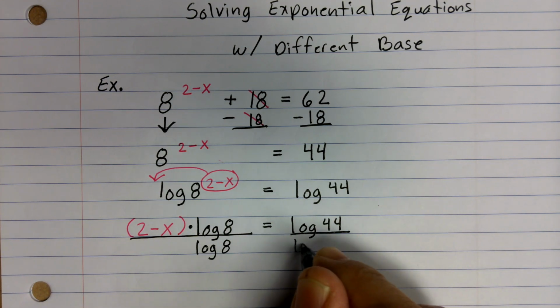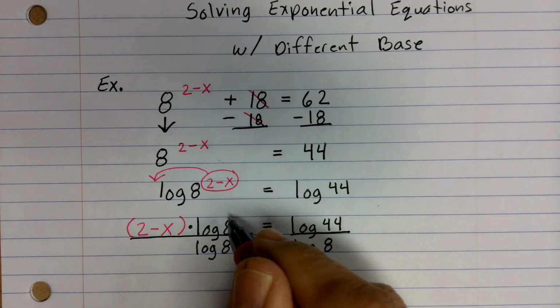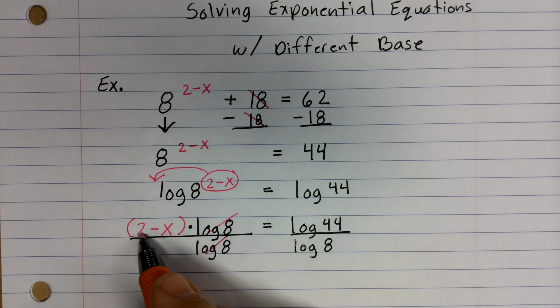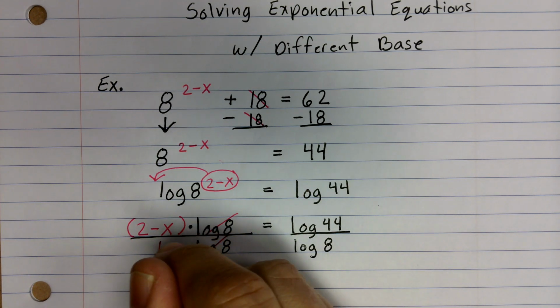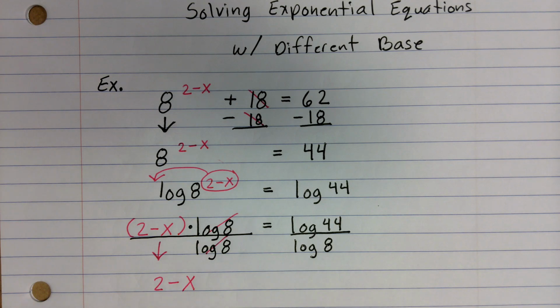And I'm going to divide this side by log 8. Any value will go into itself one time. That leaves me with 1 times 2 minus x. So now I can simply write what was our exponent as 2 minus x.